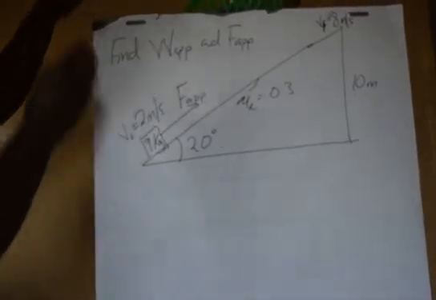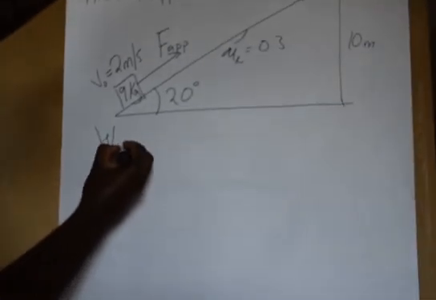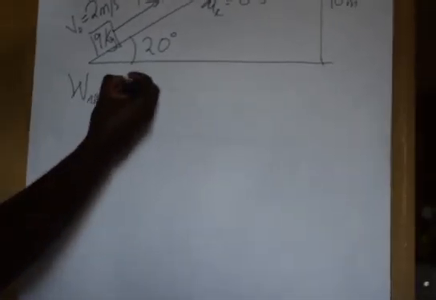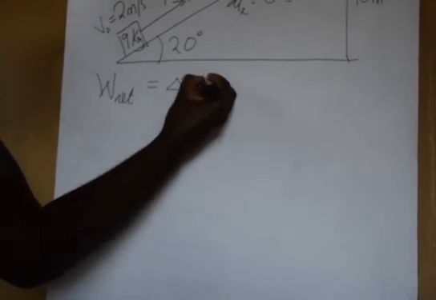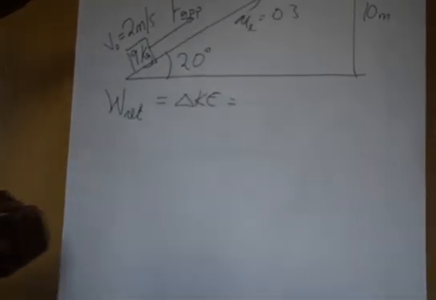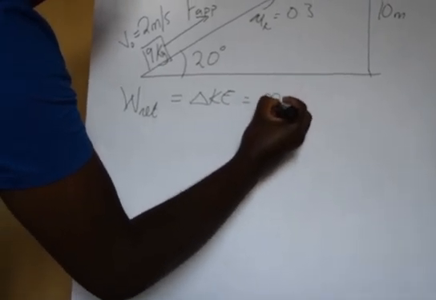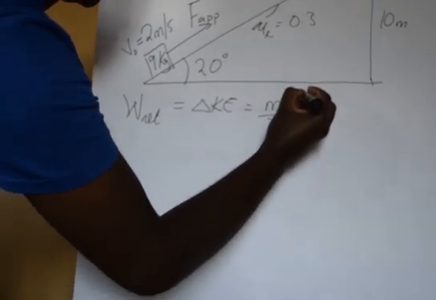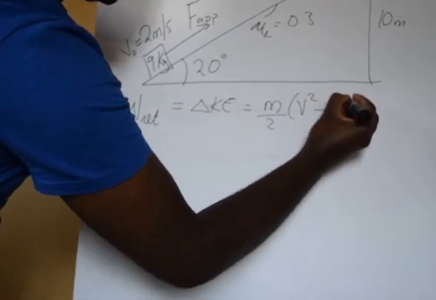So you will say the net work is going to be equal to the change in kinetic energy. So the net work will simply be m over 2 times v squared minus v naught squared.